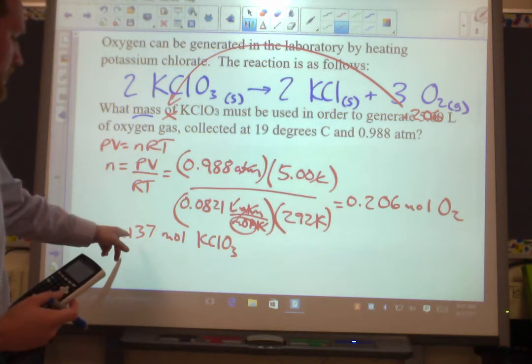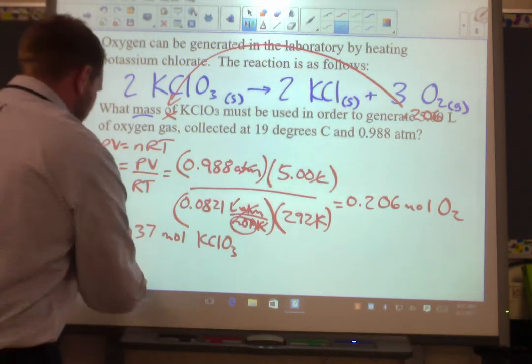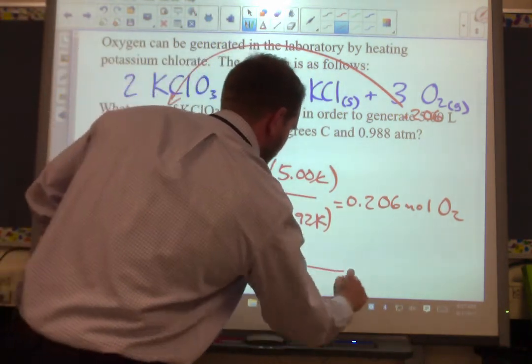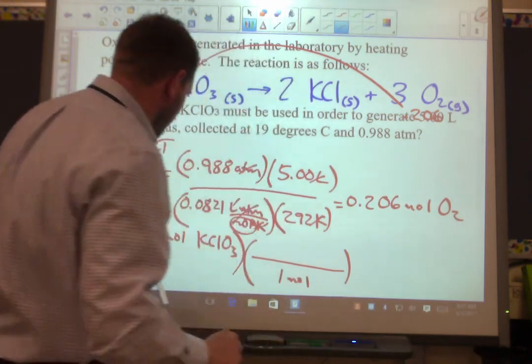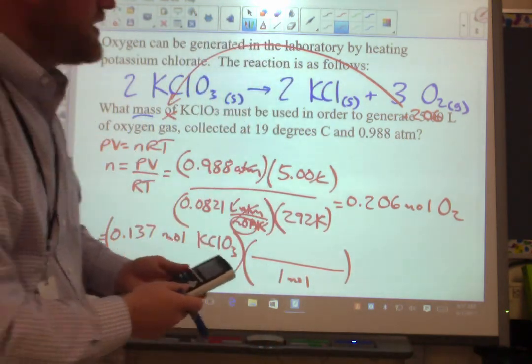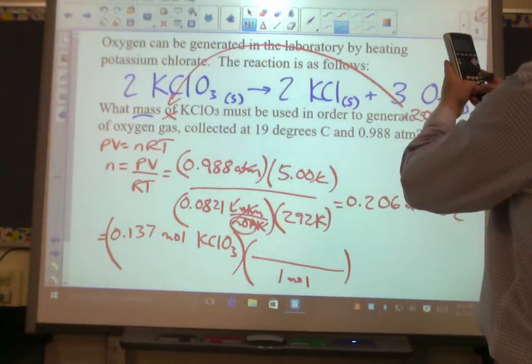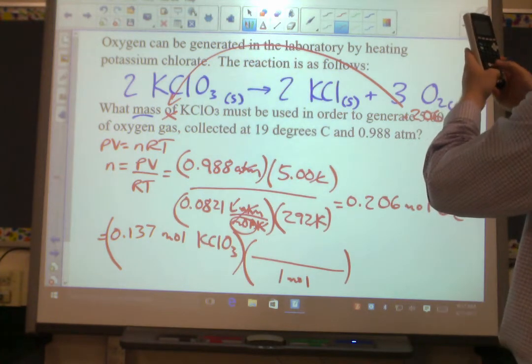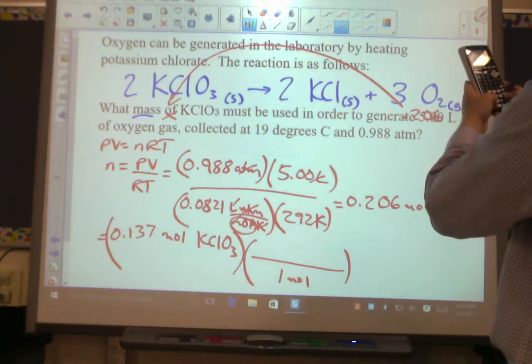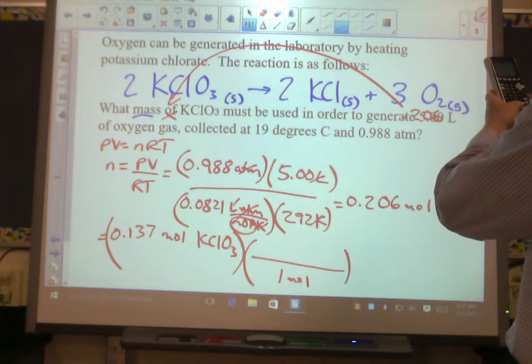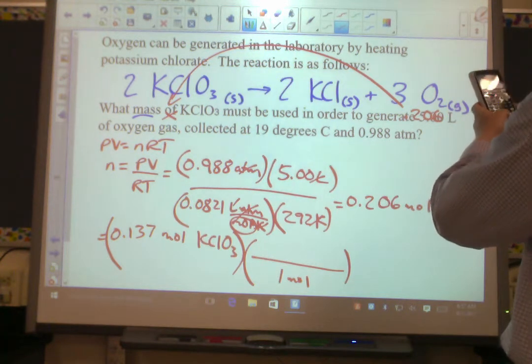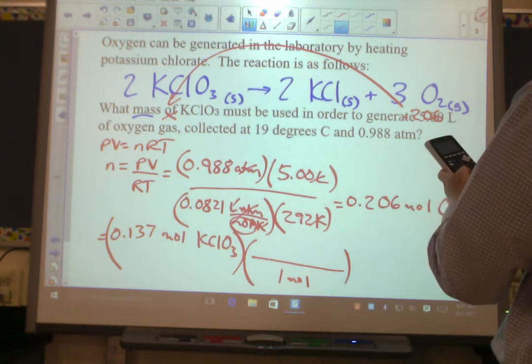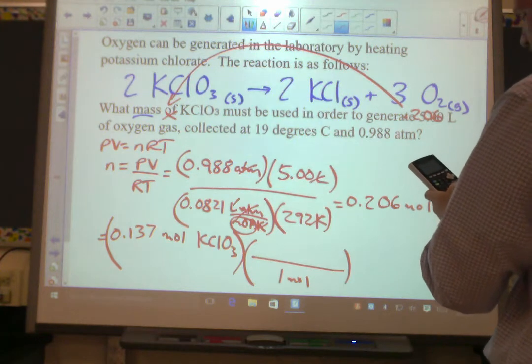Okay. Now we just turn this into grams. So we just need to find our molar mass of KClO3. 39.0983, that's K, plus Cl is 35.453. 3 O's, that's 16 each, which is 48.